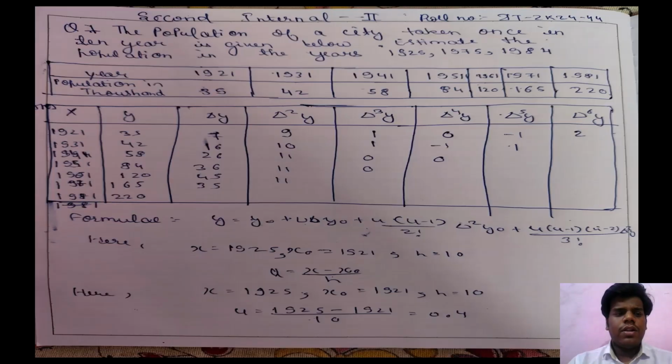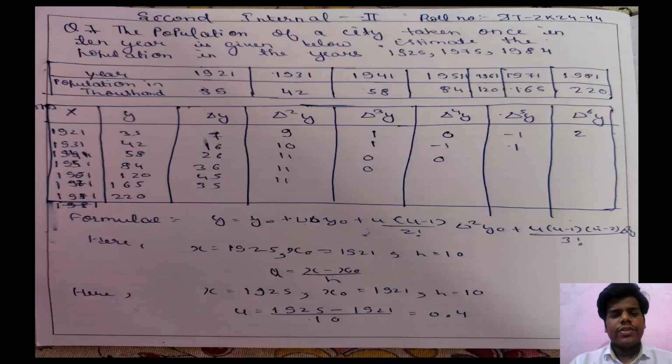Now let's build the difference table. We have X: 1921, 1931, 1941, 1951, 1961, 1971, 1981. Y is equal to 35, 42, 58, 84, 120, 165, 220.